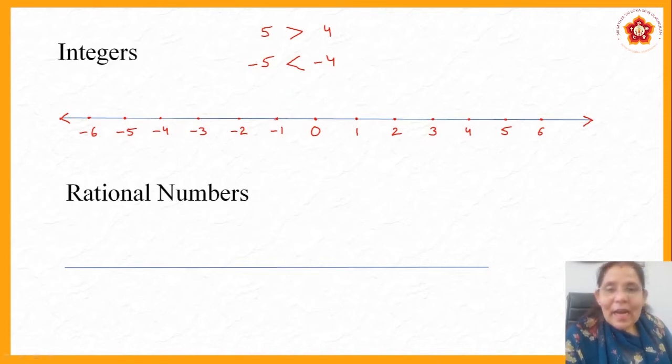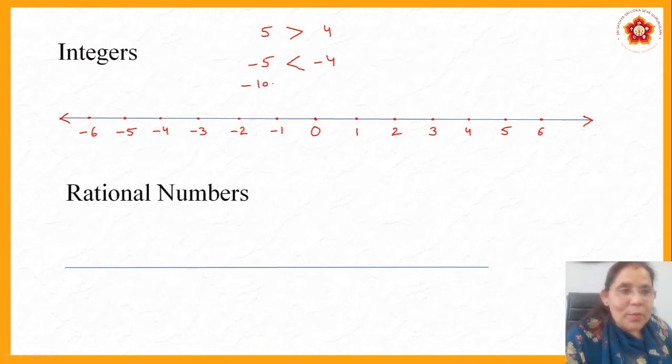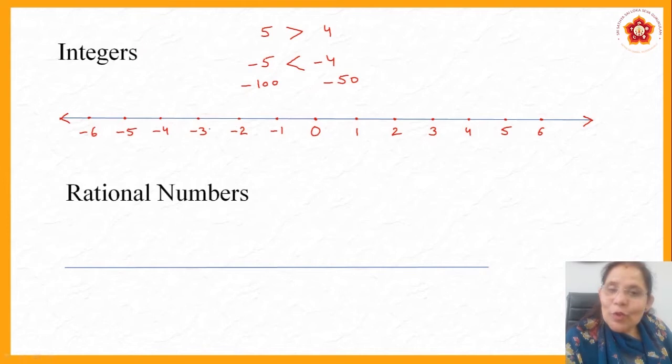So, dear learners, I would just like to reiterate that, especially talking of negative numbers, as we move away from 0, the value of the number decreases. What about minus 100 and minus 50? Which one is bigger?